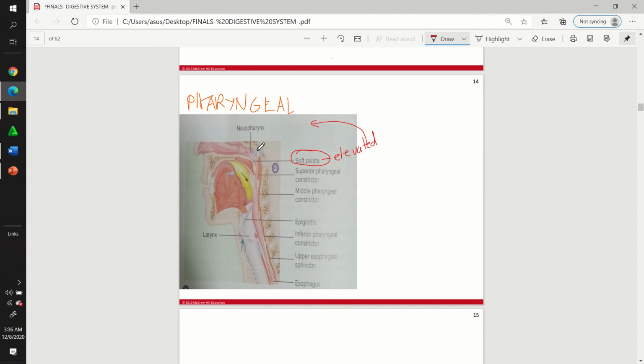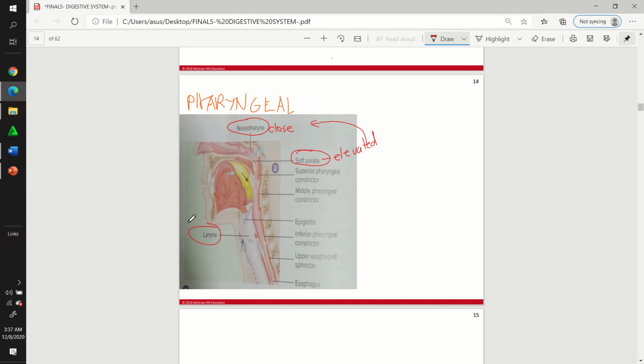It causes your nasopharynx to close. The pharynx and the larynx are elevated also. You see that? Okay, elevated.